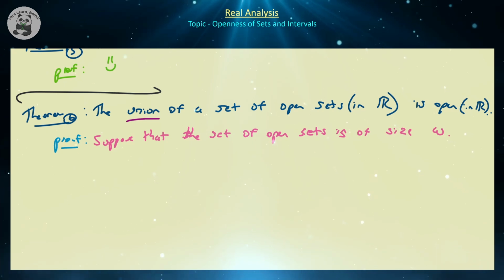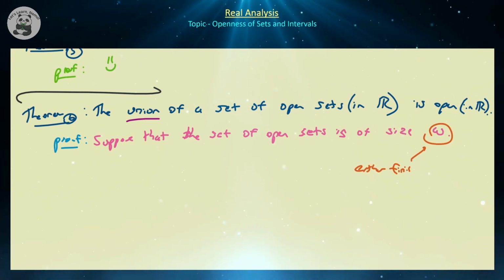And let's assume that this omega is either finite, implying that it's in the set of natural numbers, or countably infinite. Right? So if it is either finite or countably infinite, that means you can find a bijection with respect to the set of natural numbers. Right?